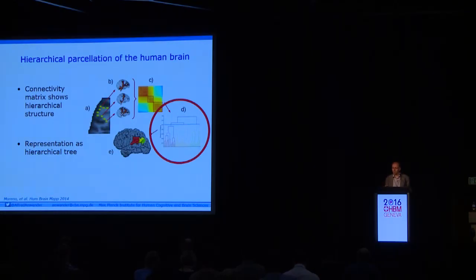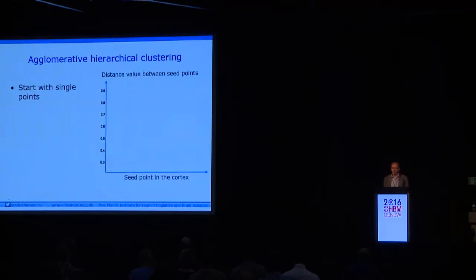So the parcellation you see here on the inferior parietal cortex would be similar to what we would get if we just did a k-means clustering of the 3 areas. So how does this work? First we start with the single leaf points, small areas which cannot be separated anymore, and then we look for those leaves in the neighborhood which are closest together, and we join them.